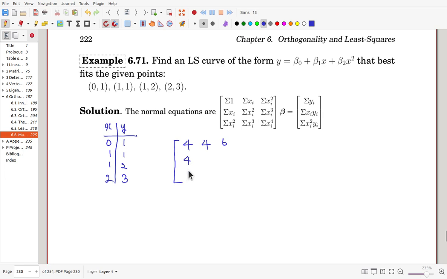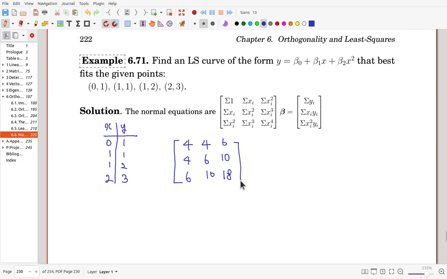And symmetric, we can put 6 here. That one is the square sum, which must be 6. And the third power sum must be 10. Now the summation of the fourth power: 0, 1, 1, 16, that makes 18.